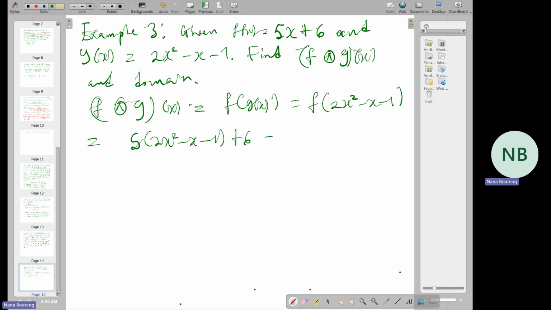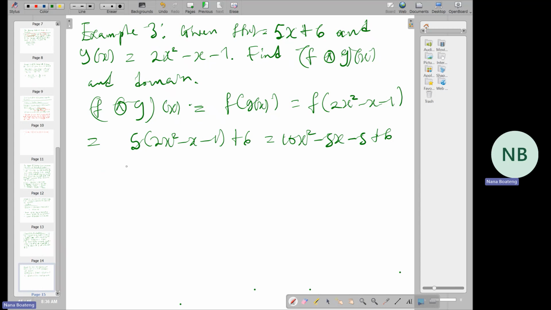And this equals 5 times 2x squared is 10x squared. 5 times negative x is negative 5x. 5 times negative 1 is negative 5, and this plus 6.